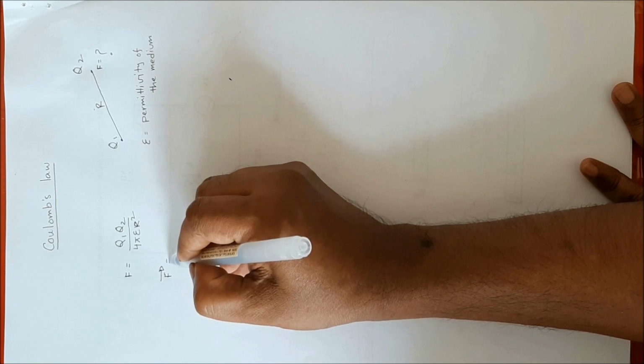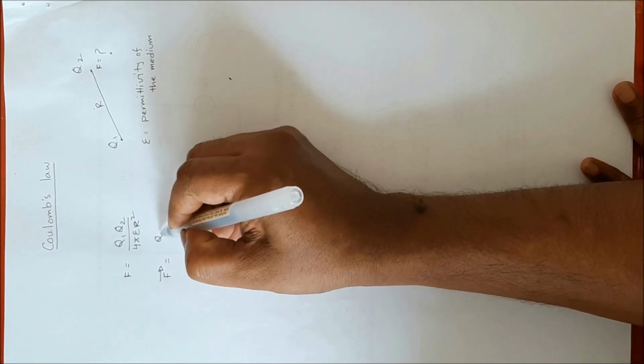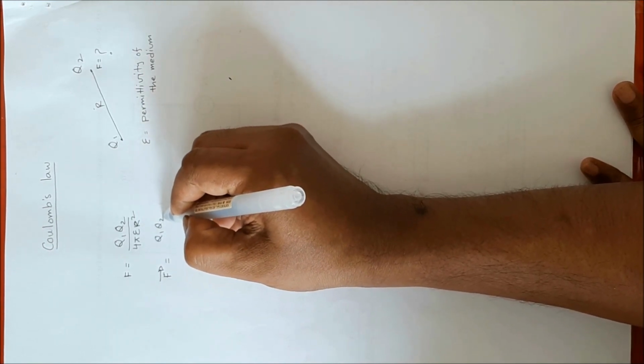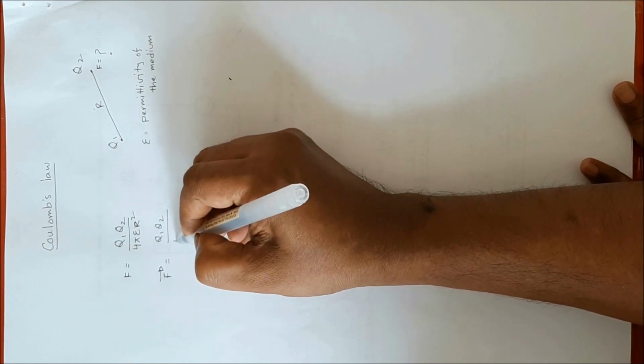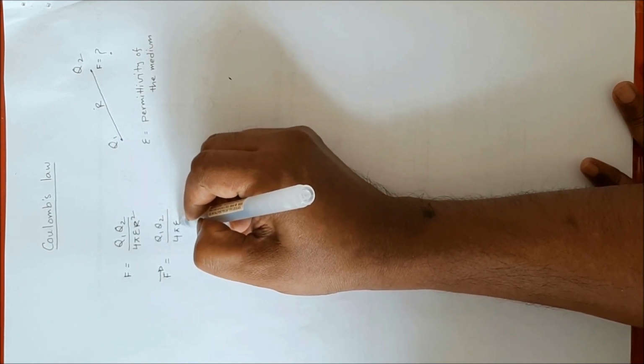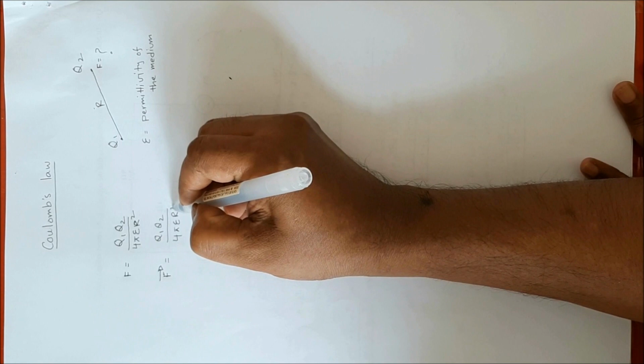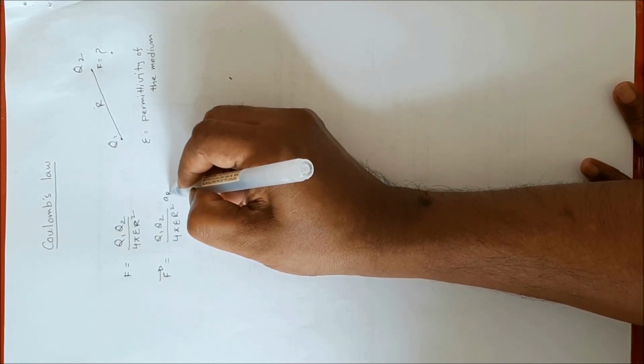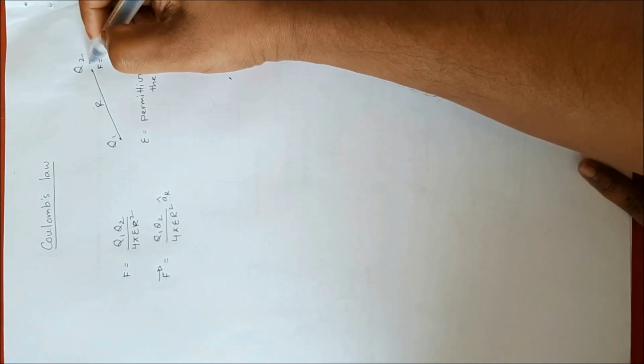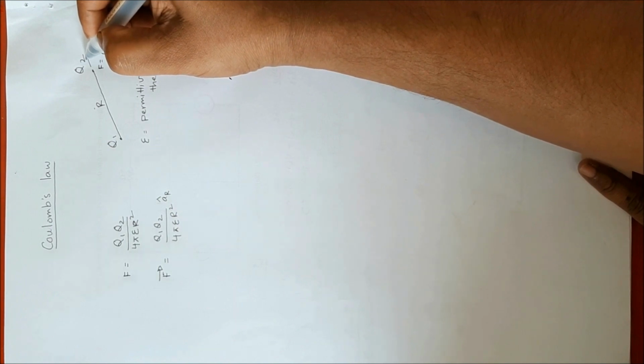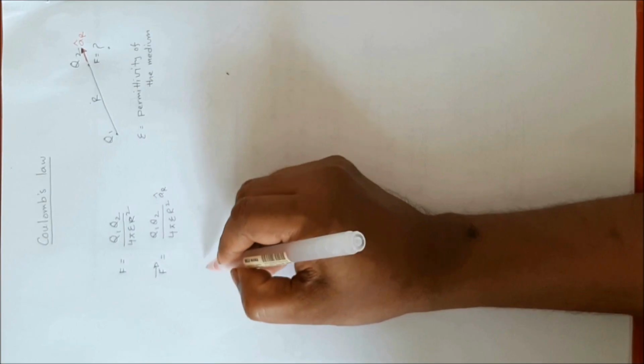As you know, the force is a vector, so we can write the force F as a vector. We need to introduce the direction of the force. The direction of the force is a_R, the unit vector along the line joining Q1 and Q2.